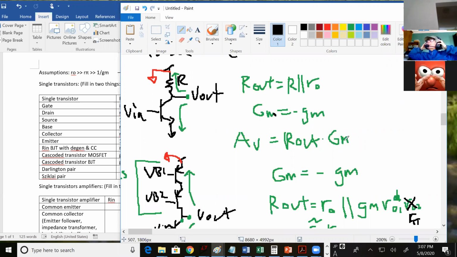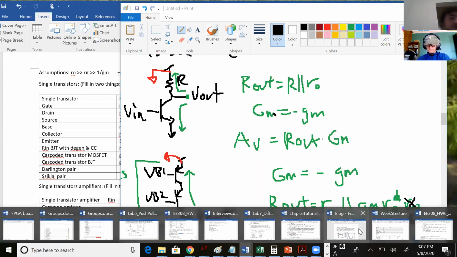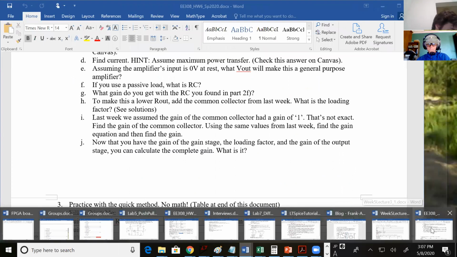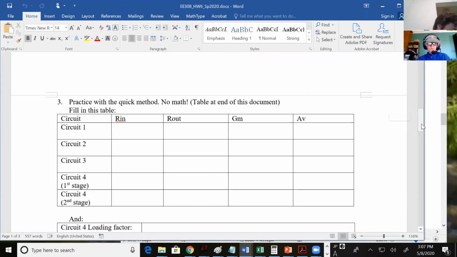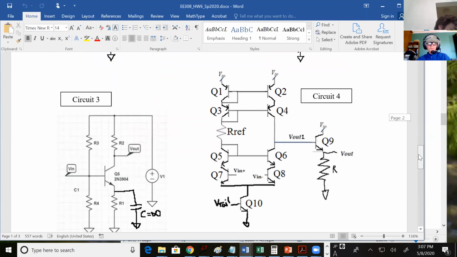Professor, I had a quick question on the homework. For circuit number 4 on question number 3, the Vn has the Vn plus and the Vn minus. How would we approach this? Since we haven't done diff pairs, assume that that node, the collector of Q10, doesn't move.